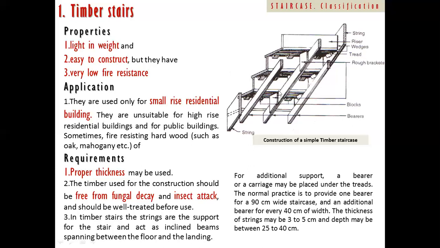Now, as far as the assembly is concerned, you can see from this diagram. Last time we also discussed the tread, the riser, the blocks, and the bearers. Bearers basically give additional strength to the timber tread and riser; otherwise, where would the tread and riser rest? Additional strength is also provided by the string.